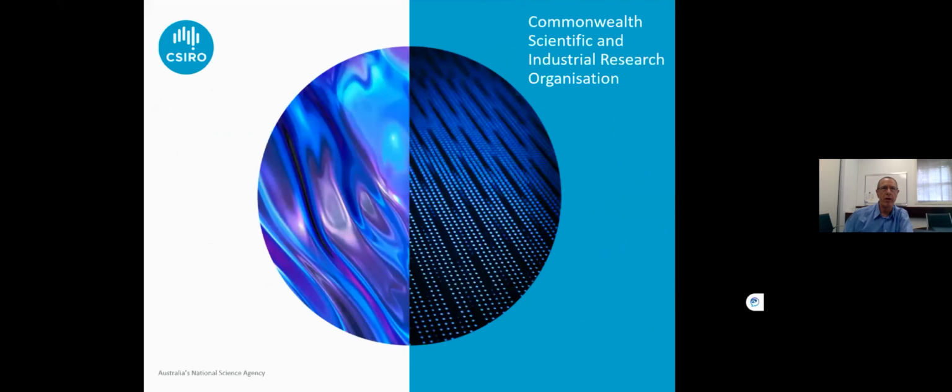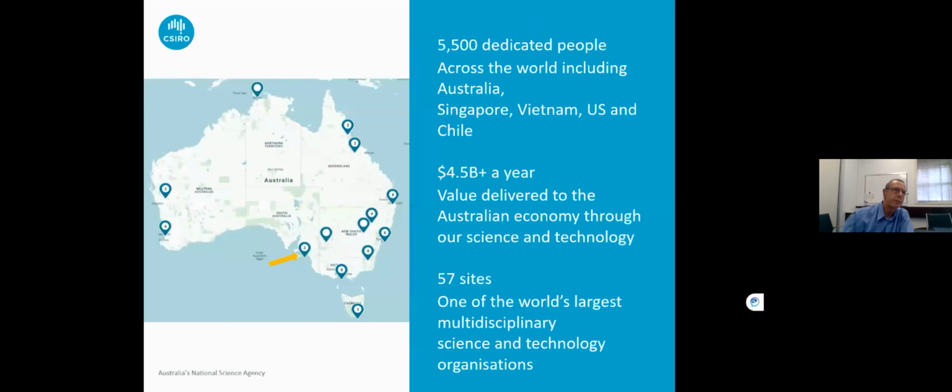So I actually work for, some people may already be aware of the CSIRO, which is the Commonwealth Scientific and Industrial Research Organisation. I've been with CSIRO for around 10 years. We are primarily in Australia with about 5,500 people.